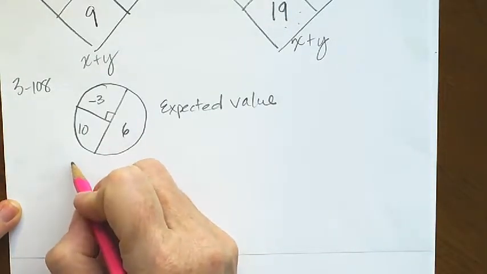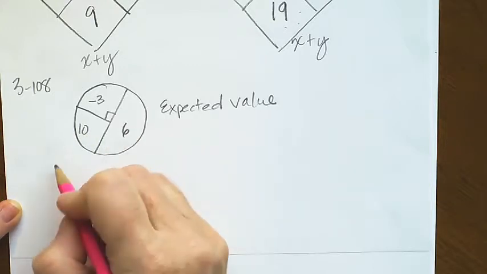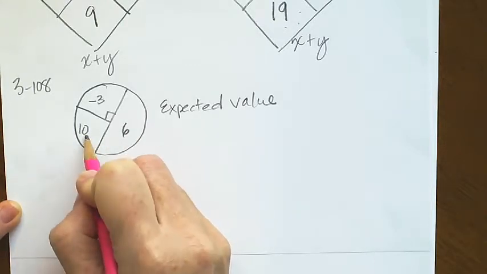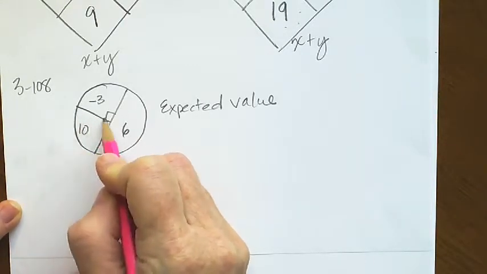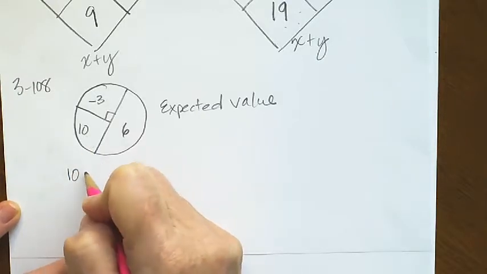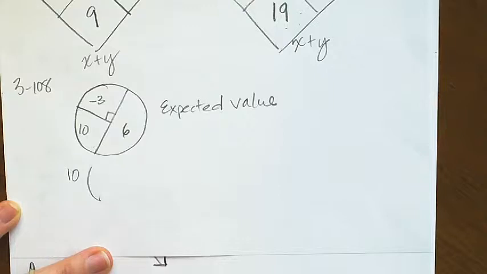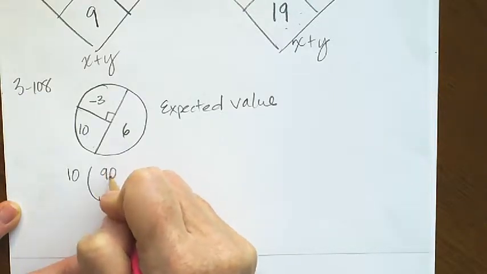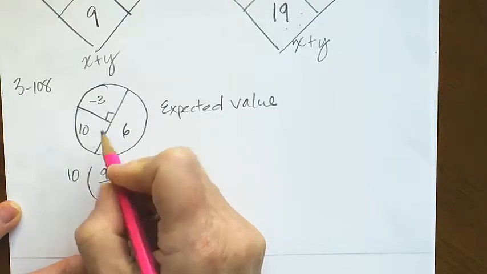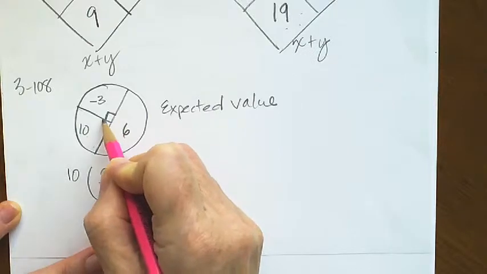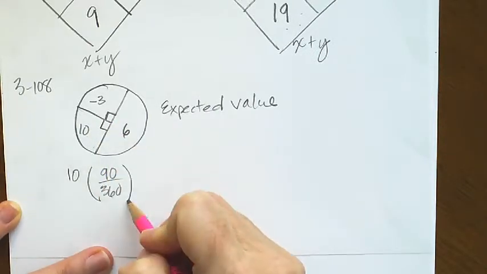So expected value for this game with this spinner would be the value of that piece on the spinner, so 10 times how many times you're expected to land on that part of the spinner, which would be 90 over 360. If this is 90 right here, this must be 90 right here.